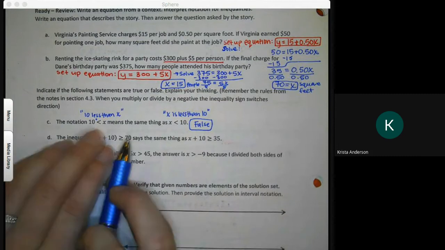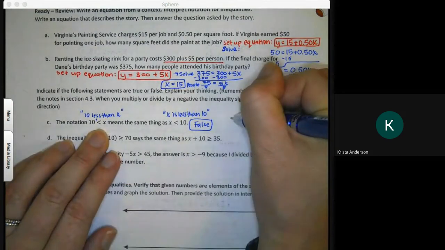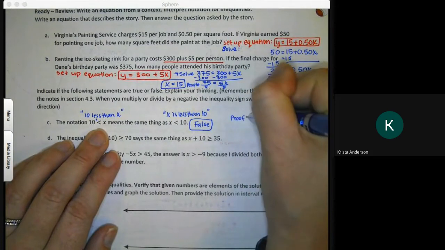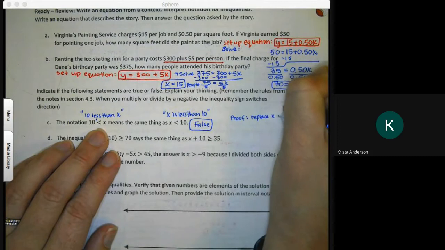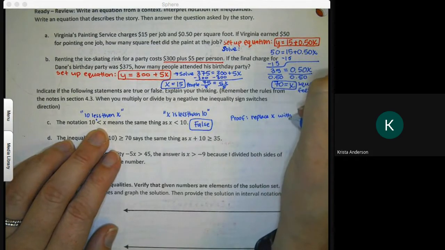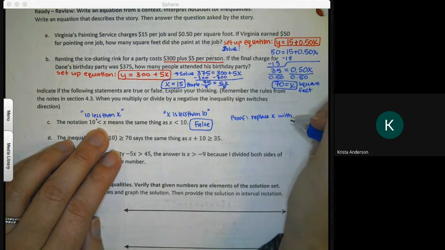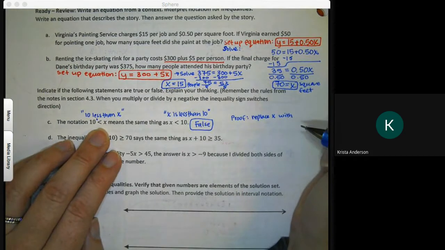For those of you who really struggle with the less than, greater than signs, if you wanted to, you could replace x as proof. Replace x with, what's a number that's bigger than 10? 12? Okay.